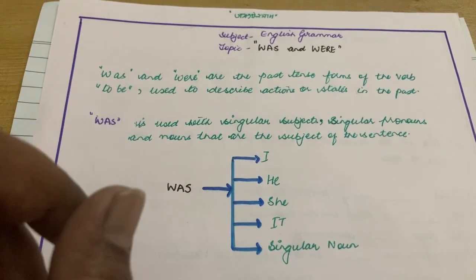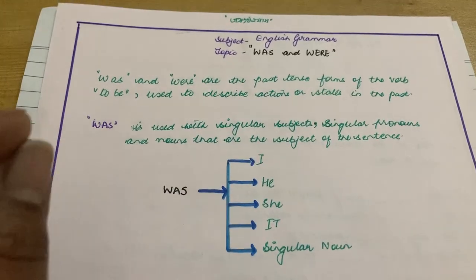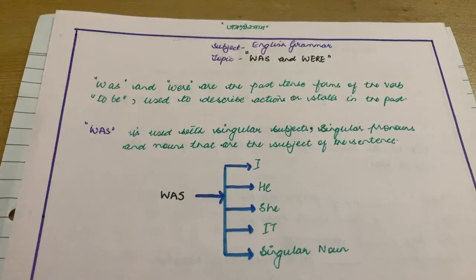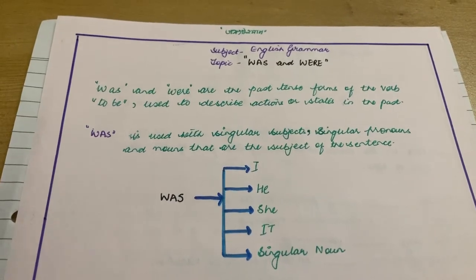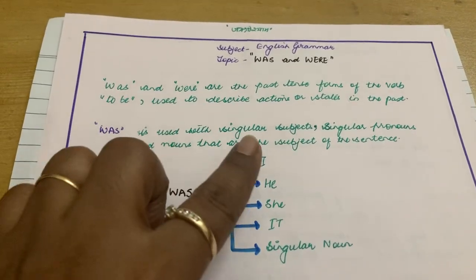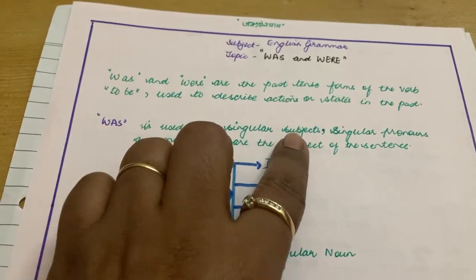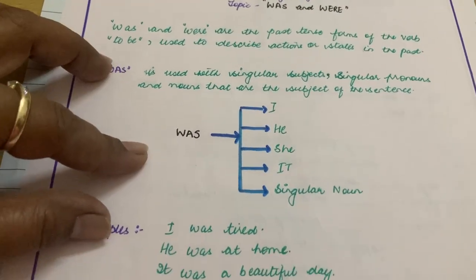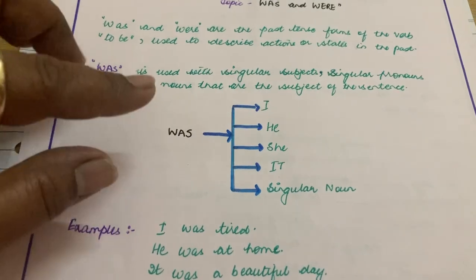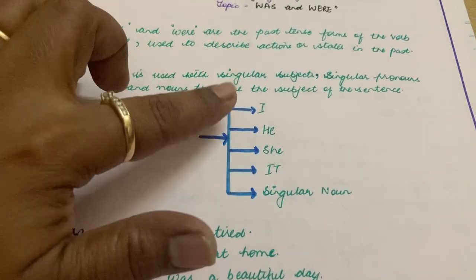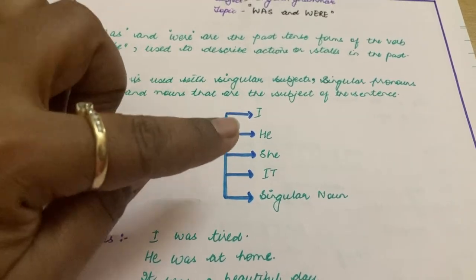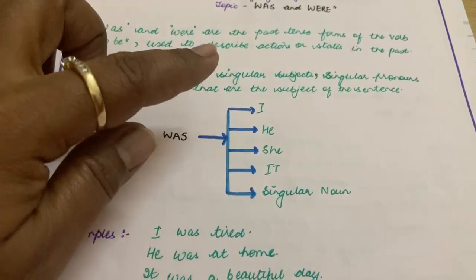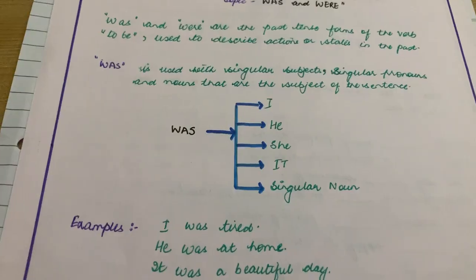In the table form, we use was with I, she, he, it and a singular noun, because all the others I have mentioned here are pronouns.